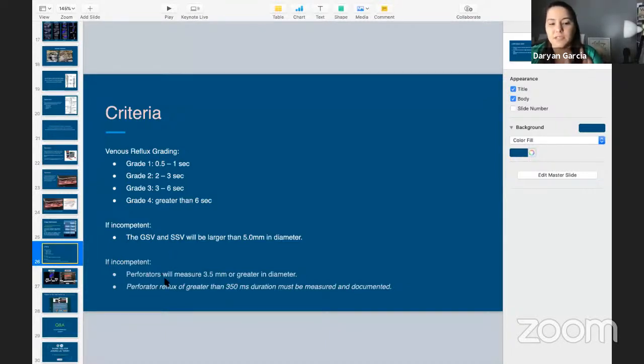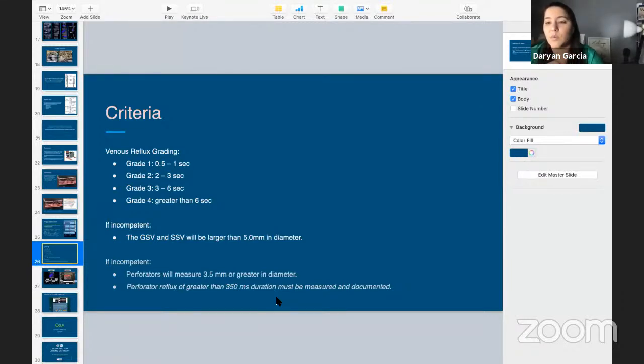Like I said, if incompetent, the GSV or the SSV should be measuring 5 millimeters or more. So take that into consideration when you're doing your measurements of the anterior posterior diameter. And then for the perforators, it should be 3.5 millimeters or more.